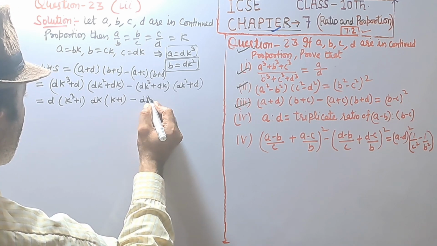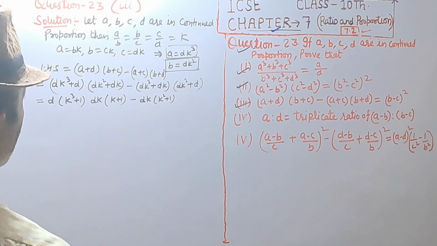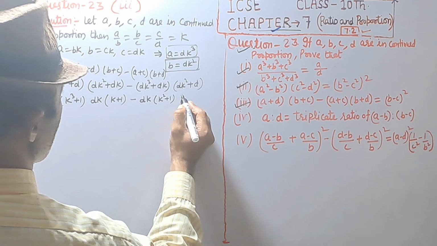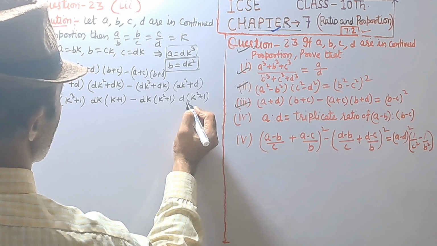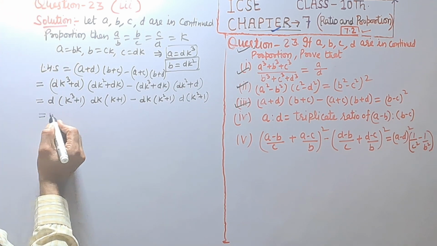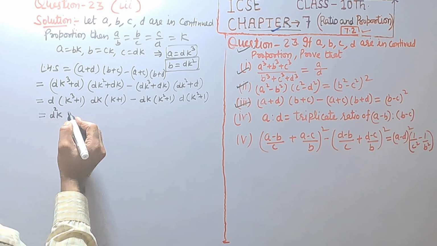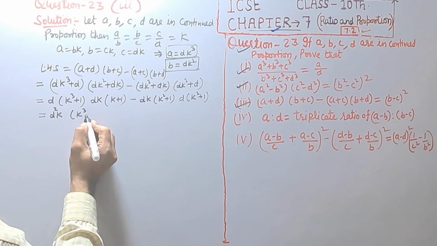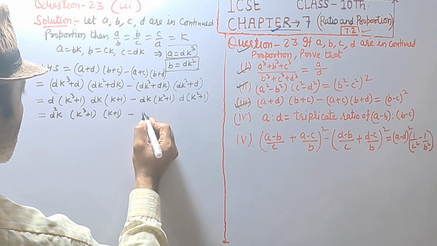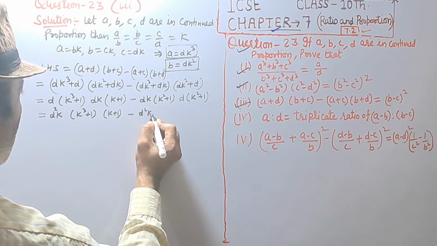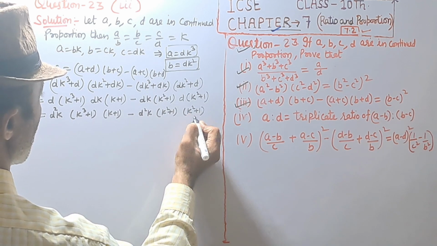minus dk is common in bracket (k² + 1) and d is common (k² + 1), that is equal to d²k (k³ + 1)(k + 1) minus d²k (k² + 1)(k² + 1).